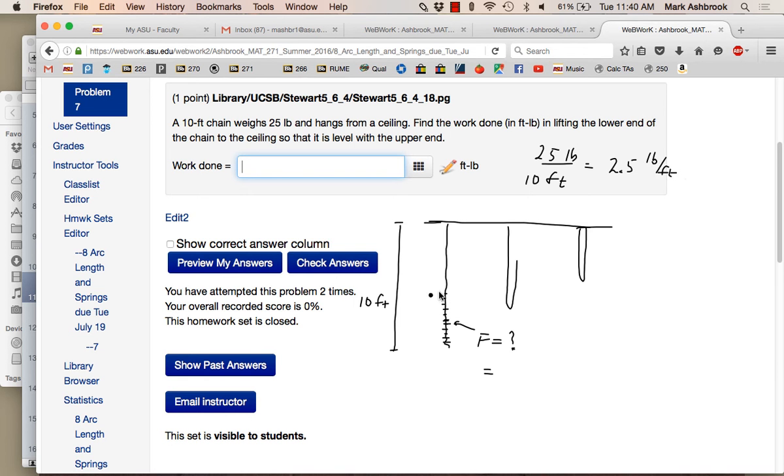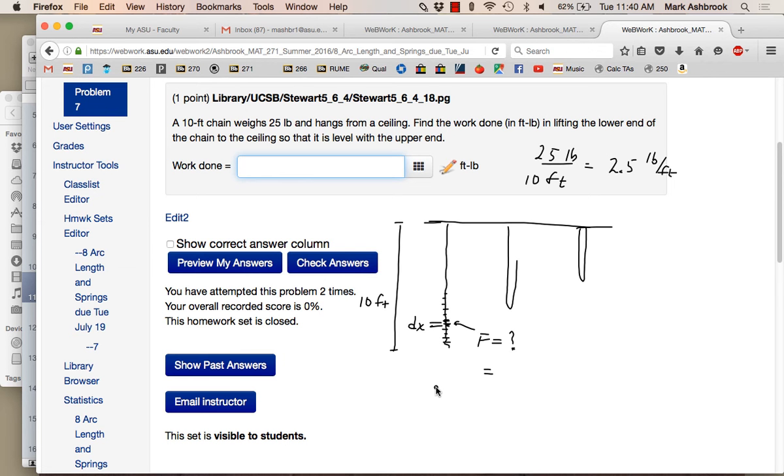So then how much does a little bitty bit of chain weigh? If every foot is 2.5 pounds, then how much, and so this, say this, what is a little bit of chain dx? How much does that little bit of chain dx weigh?